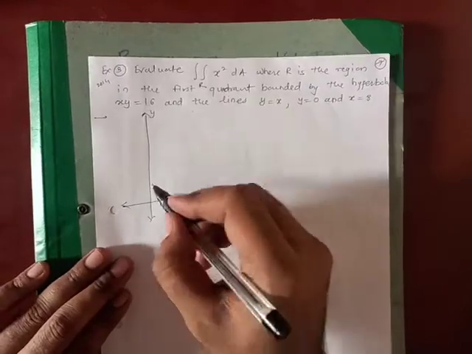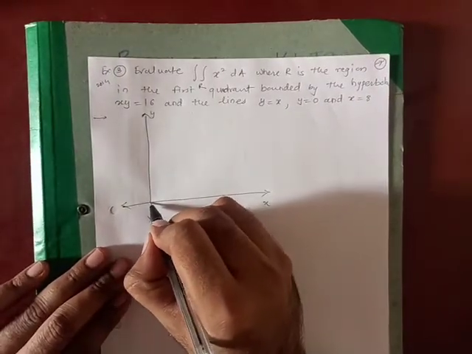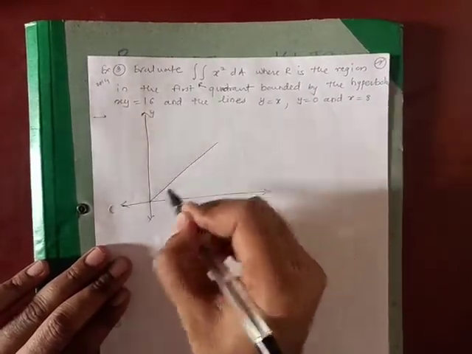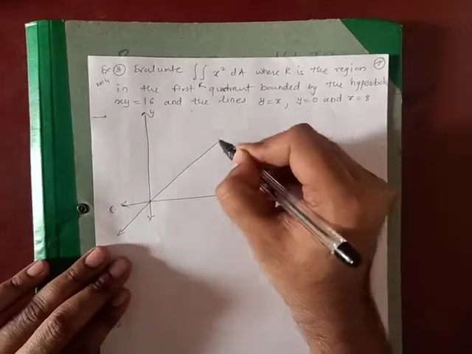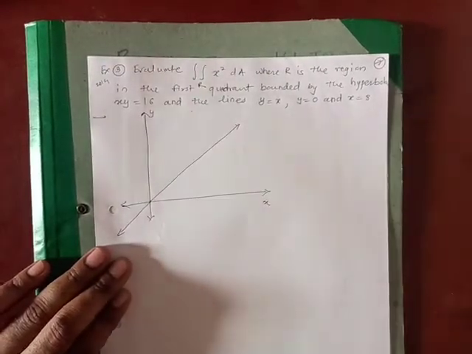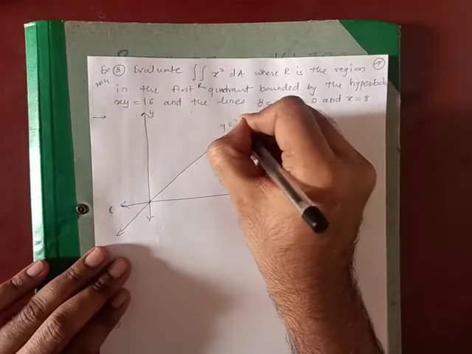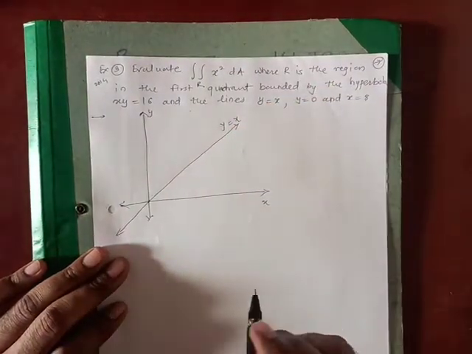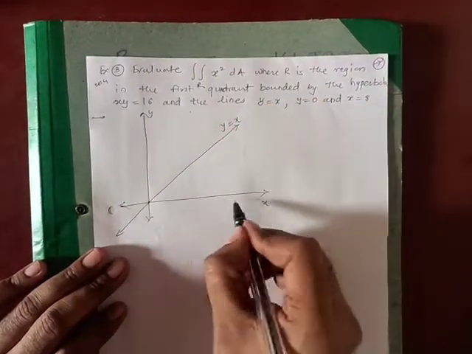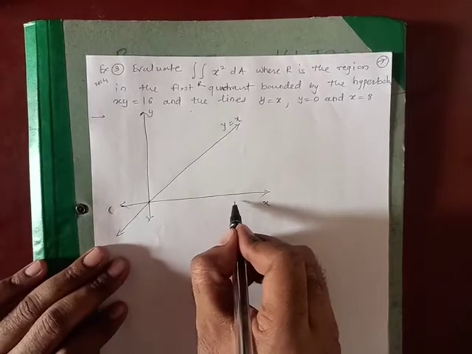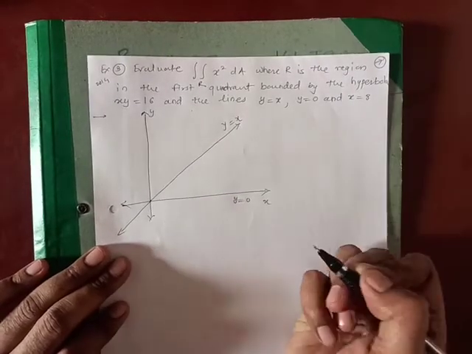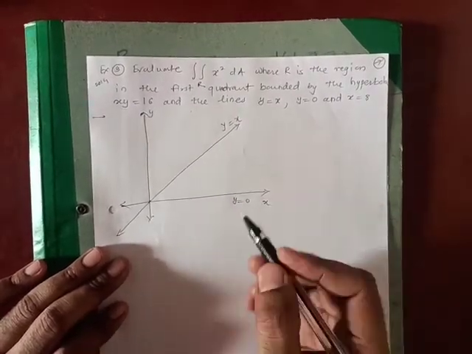is a line passing through the origin making an angle of 45 degrees. Next is y is equal to 0, that is the x axis, and x is equal to 8.